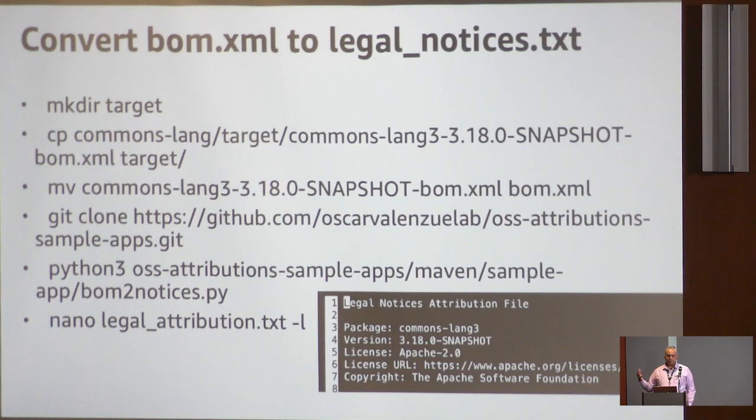If you are using it internally, then BOM.xml is sufficient. But as many of you know, for open source projects, distribution is the key. When you change from internal use to distribution, that's when your compliance obligations take a step up.